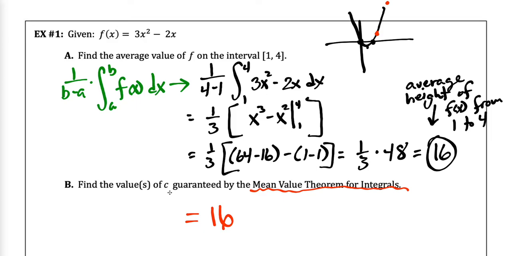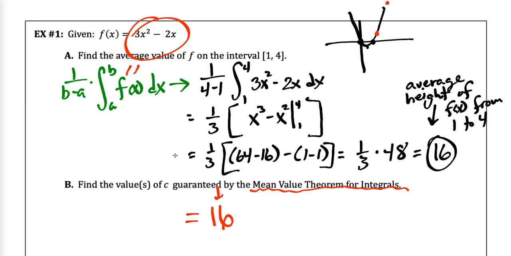Would I use that formula at all? The one I wrote in green? No, because we already did. So this formula found the average height of 16. We want to know when this is equal to this.